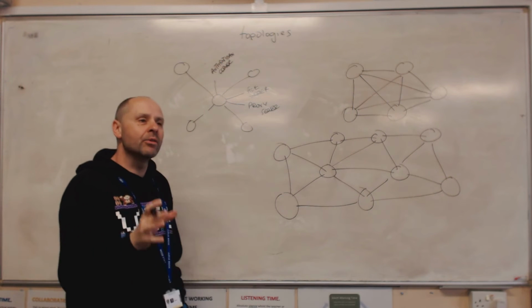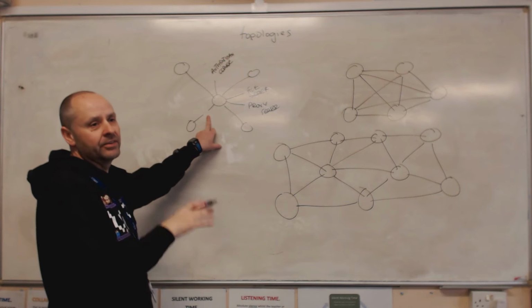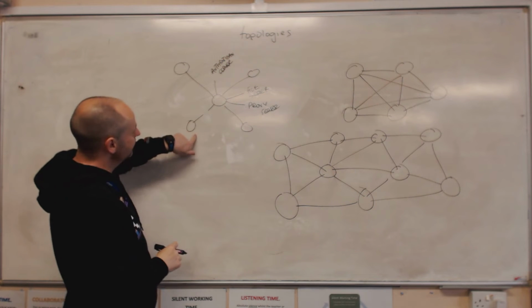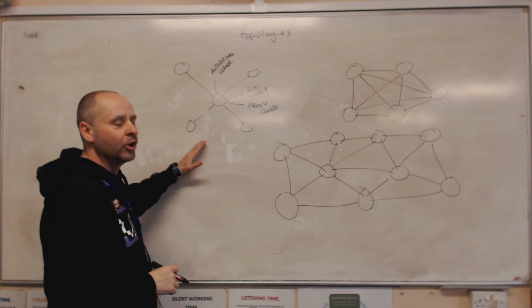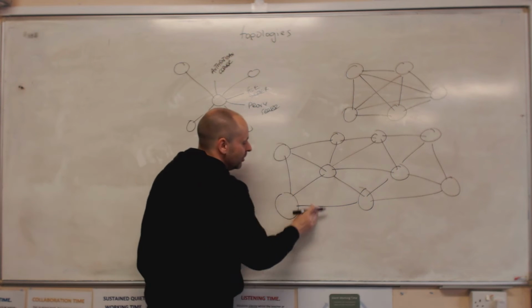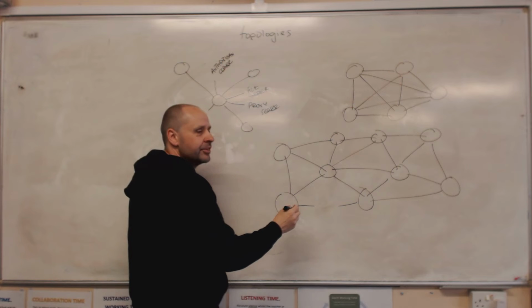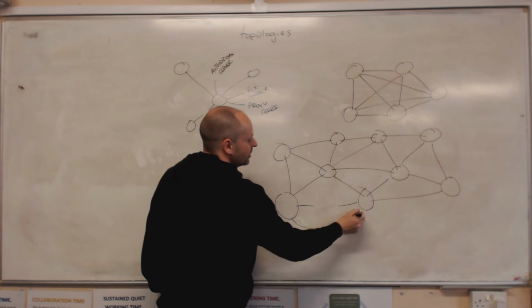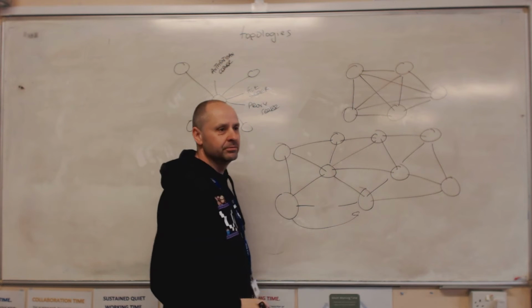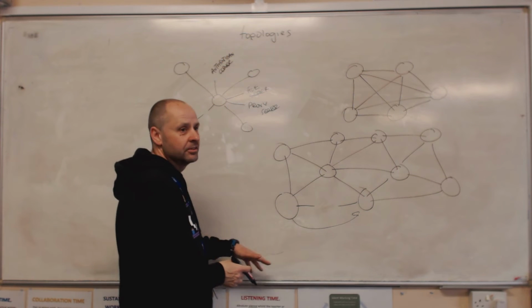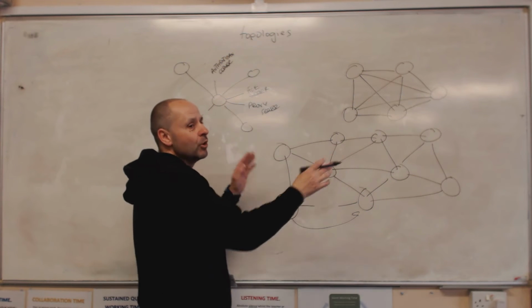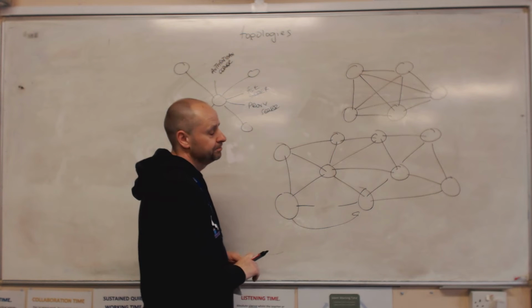Now what's useful about this compared to the star network, if we lose a cable in the star network, that device can't communicate anymore. If we lose a cable in a mesh network, the device can communicate by going a different route. It's fault tolerant, but that costs. There is a cost because you've got to have multiple connections to other devices.